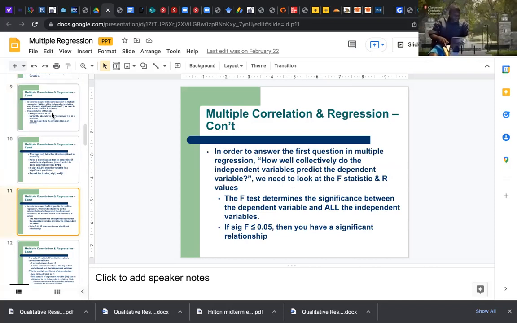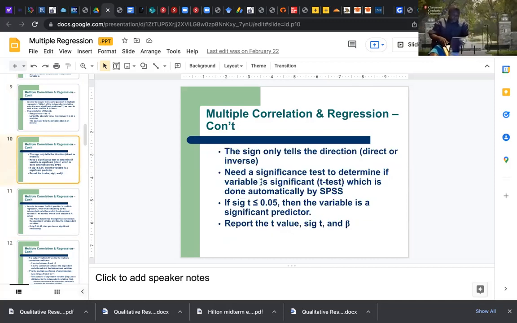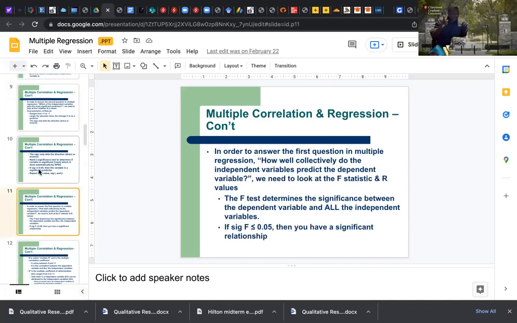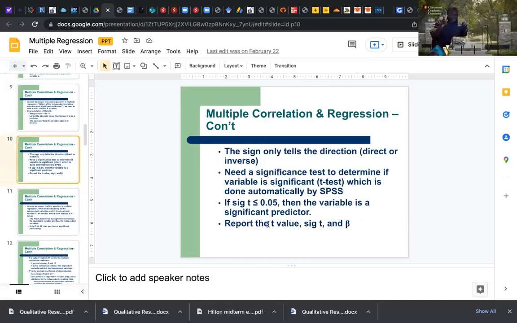The second one is to determine which independent variable is the most significant predictor. To understand the most significant predictors, you report these three values: the t value, the sig t, and the beta.